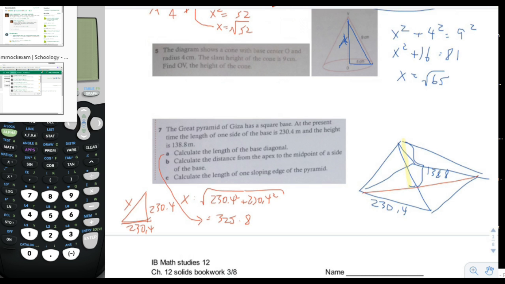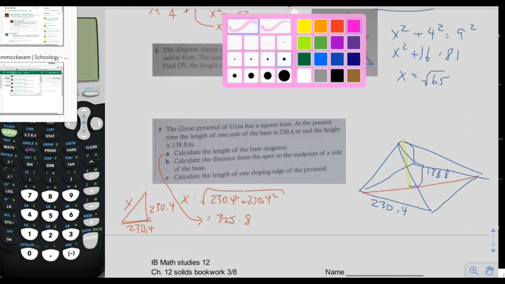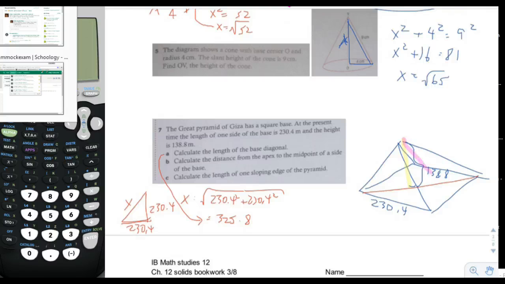Then it asks me, calculate the distance from the apex to the midpoint of a side of the base. So what they're asking for here is, they want to know from the top to this midpoint right there. And maybe the easiest way to do this would be to draw this triangle here. Then the height is 138.8.